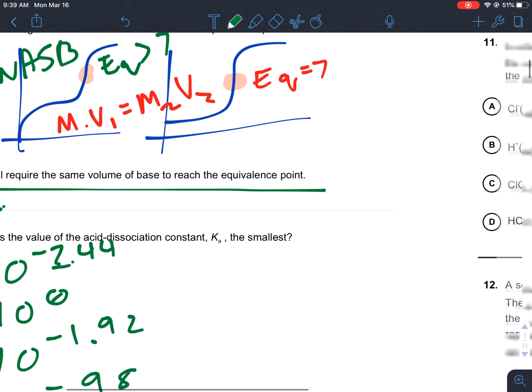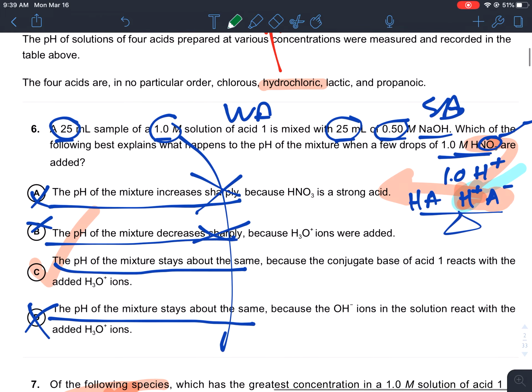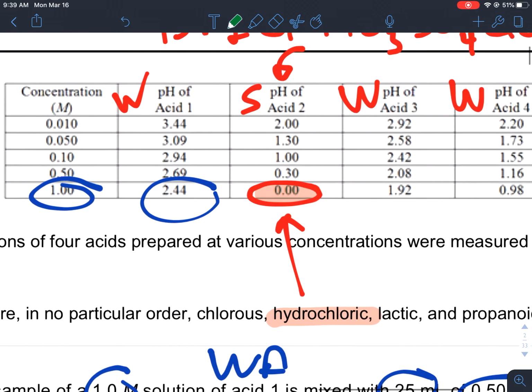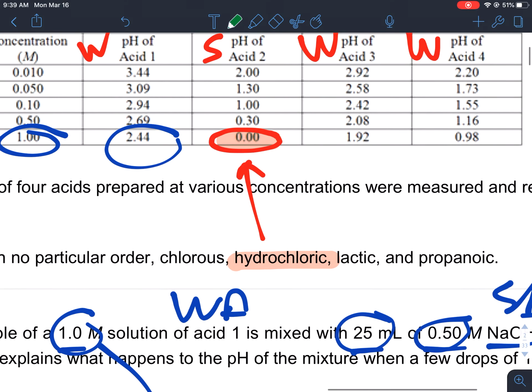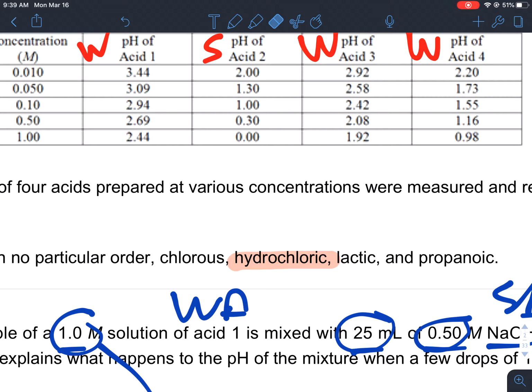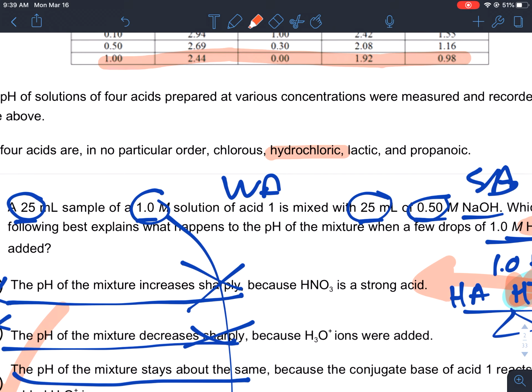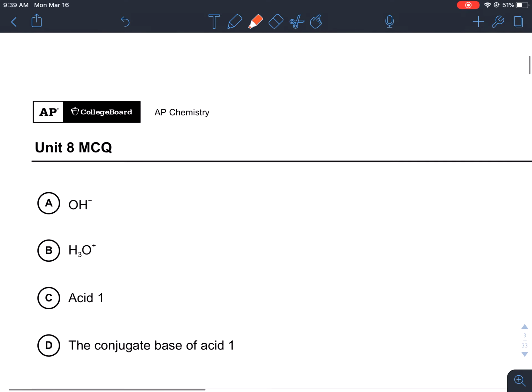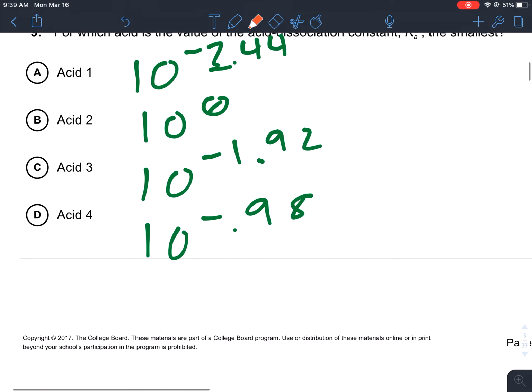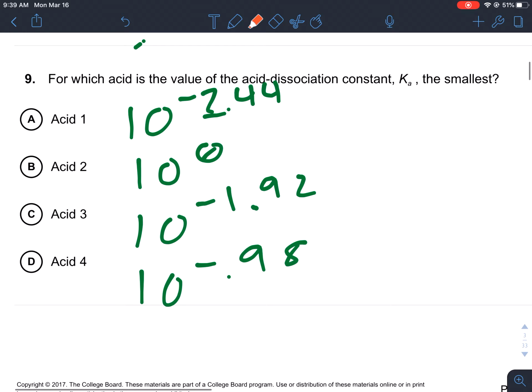Now, this is all from the chart. Where is that chart? Here you go. I'm getting these values from here. At 1 molar, 2.44, 0, 1.92, 0.98. That's where I got these numbers from. Now, who created the most H plus?